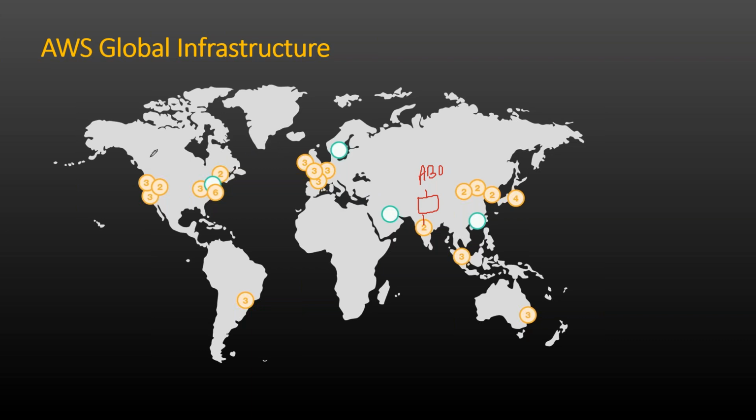Okay, and availability zones are different, the edge locations are different. Maybe I have edge locations here, here, here, here, here, like all the red circles that I'm drawing, or let's imagine them as edge locations.